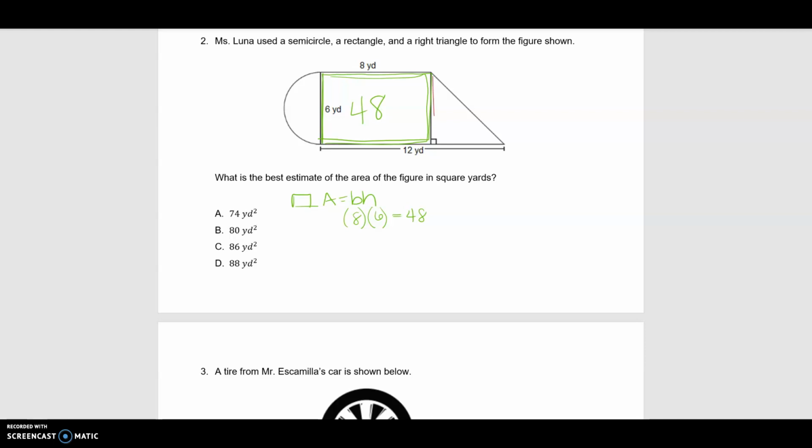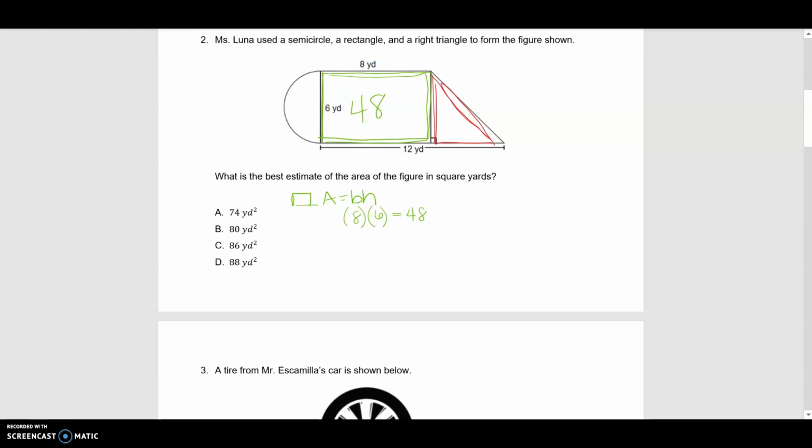Now I'm going to go ahead and do the triangle. If my rectangle here has a left side of 6, then the right side has to be 6 for the rectangle. Then I need this bottom piece, my base, because my formula chart says for a triangle A equals 1/2 base times height. The base is this piece here.